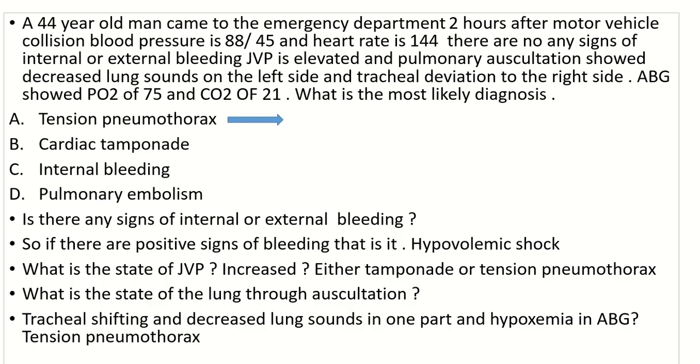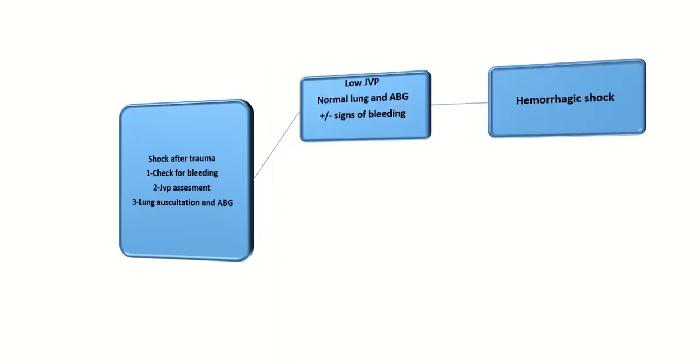To summarize, for hemodynamic instability in the context of trauma, we would say shock after trauma. We would check for bleeding. We would assess JVP, lung auscultation, and ABG. If there is low JVP, normal lung and ABG, plus or minus signs of bleeding, because the bleeding may be internal and we cannot see it, then it's hemorrhagic shock.